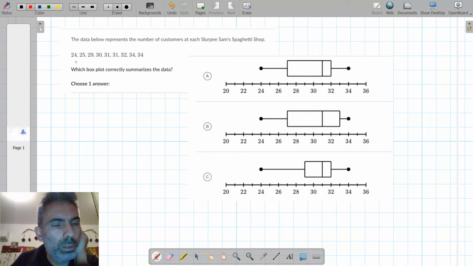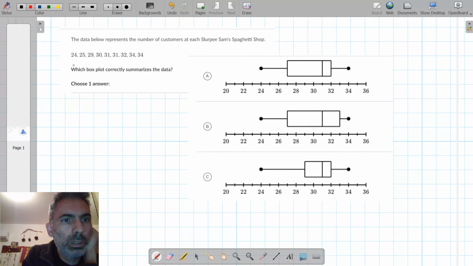Okay, so this data is already sorted from least to greatest. How many data points do we have? 1, 2, 3, 4, 5, 6, 7, 8, 9. So 1, 2, 3, 4, 5. So this is the median.